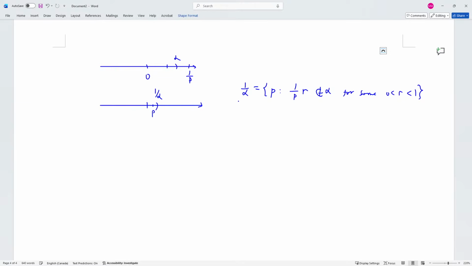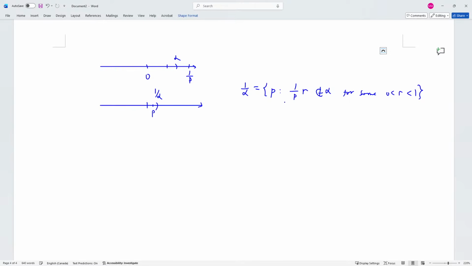I think I need to add the negatives manually. So the idea of this sentence is, when you take the reciprocal of P, it should fall out of alpha. But that's not enough, because alpha does not contain its maximum, and we don't want 1 over P to sit right at the boundary of alpha.